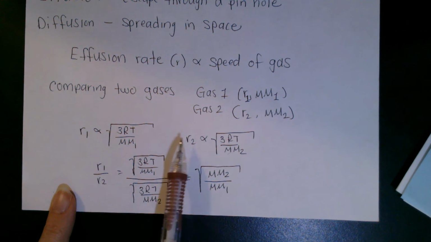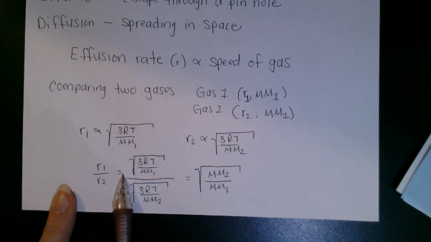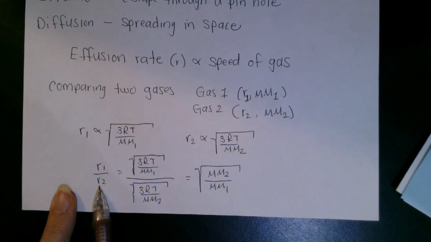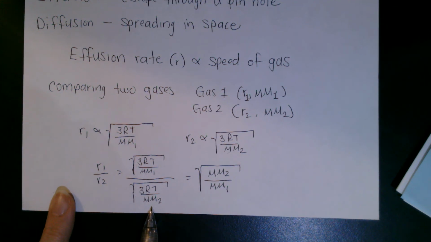So R1 divided by R2 would equal, now I can turn this into an equal sign because whatever constant we would have here to make these equal would just divide out. So R1 over R2 equals the square root of 3RT over molar mass 1, divided by 3RT over molar mass 2.